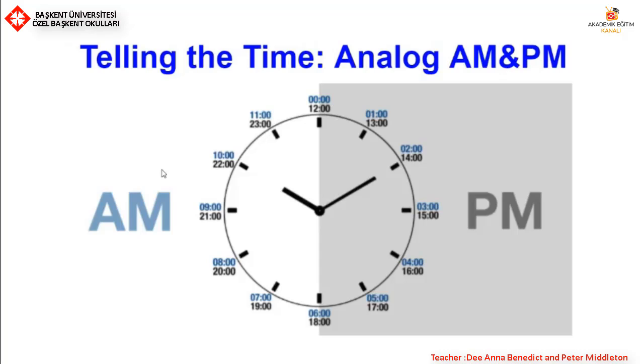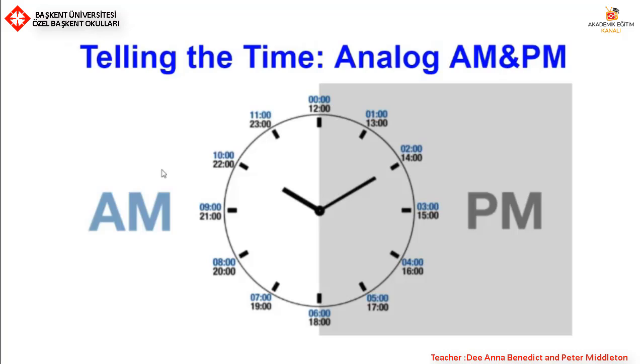So let's say it is 4 AM. We can write that as 0400. But if it's 4 PM, we can write this as 1600. So for time, we can write for AM and PM.